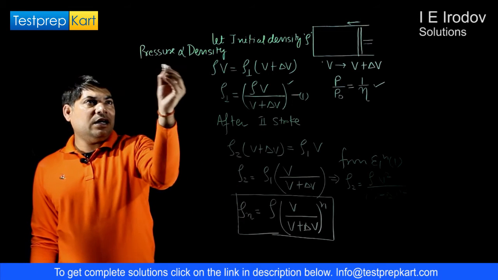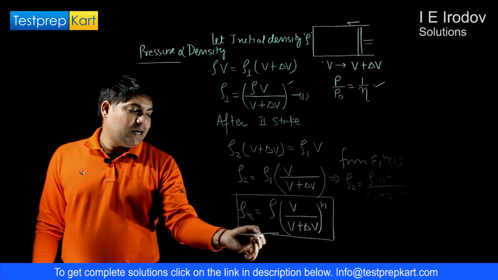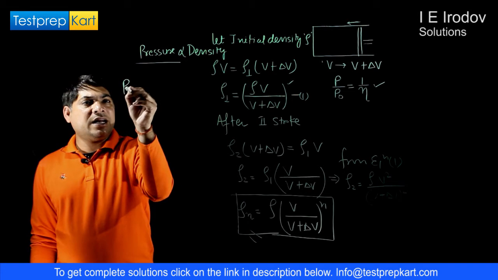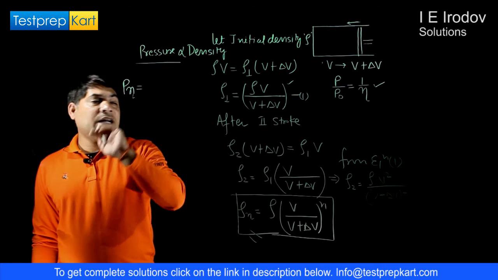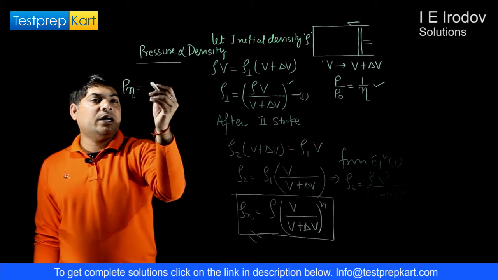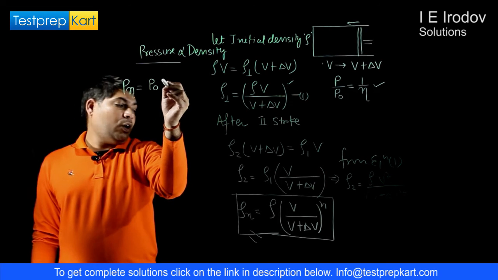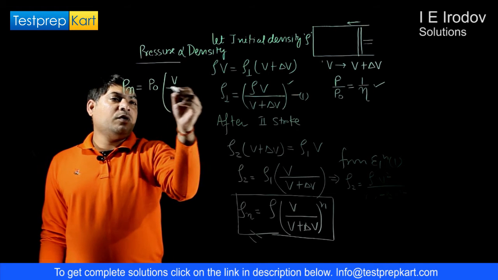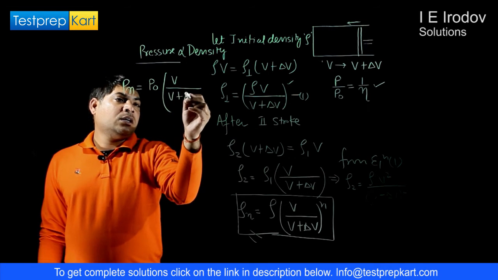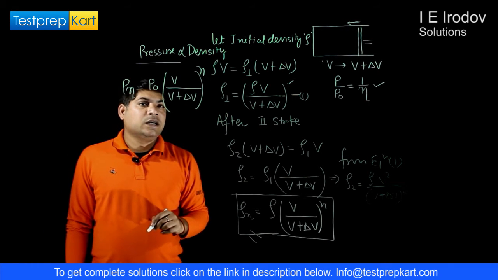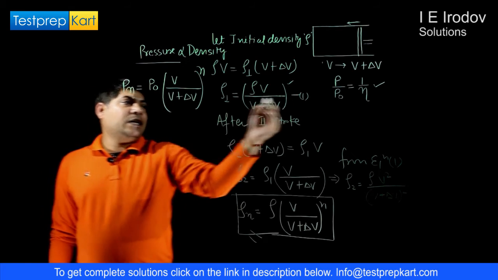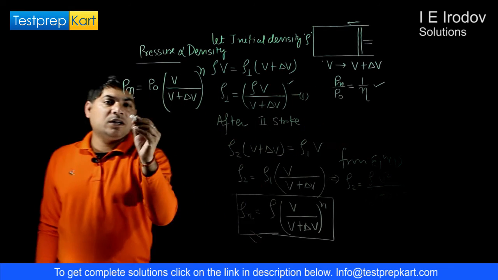So as per this relationship and this finding, we can write the pressure after the nth stroke, let me write it as Pn because there is one more parameter. This is P naught into V over V plus delta V to the power n. Now we can take the ratio Pn over P naught.